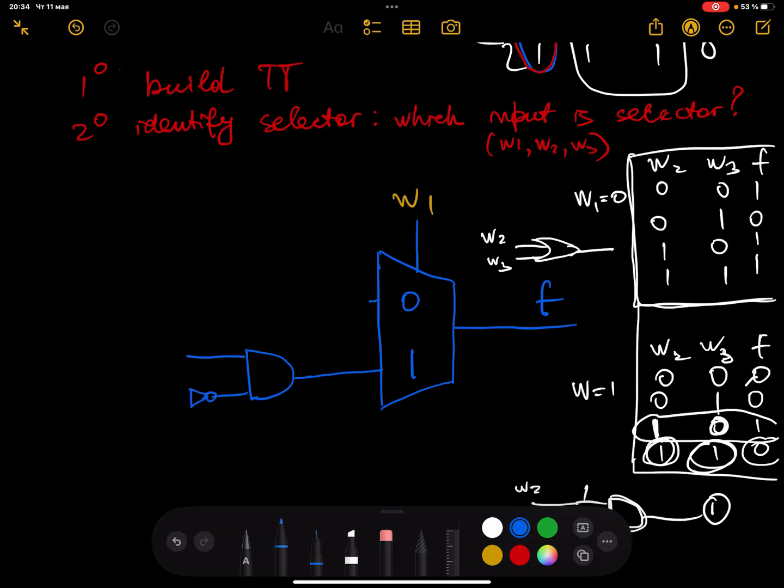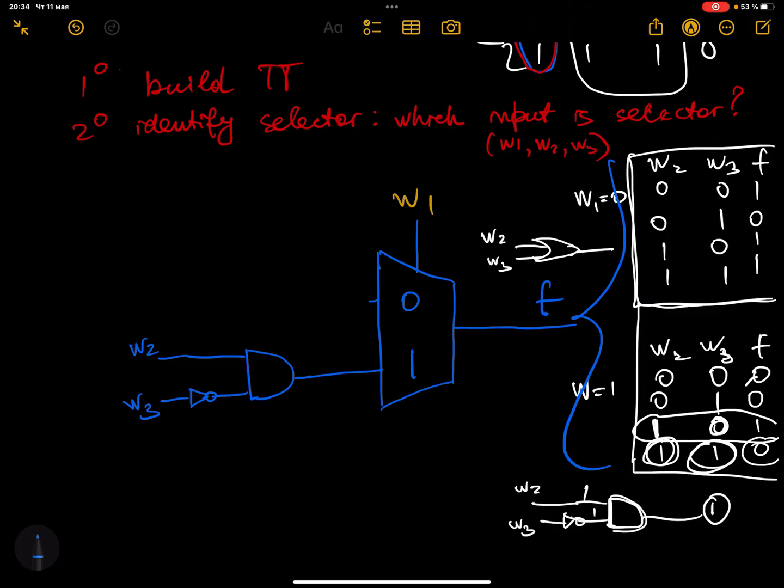You have to consider two cases for the selector, when the value of the selector is 0 and when it is 1, and analyzing these two sets of combinations, you have to guess and check. I'm guessing here that there is an AND gate and an OR gate, and I am checking whether it's true or not. By guessing and checking, just putting in these values and testing, you're going to identify the case. So here it's going to be an AND gate.